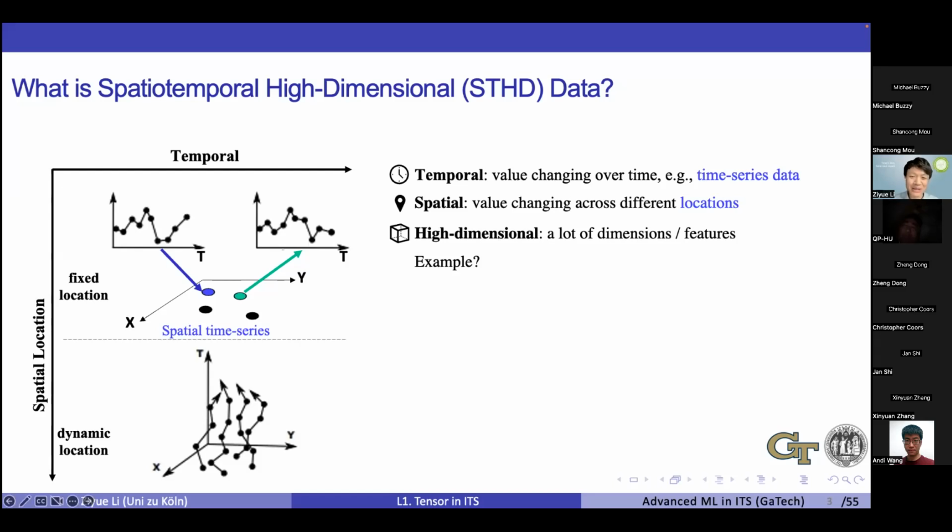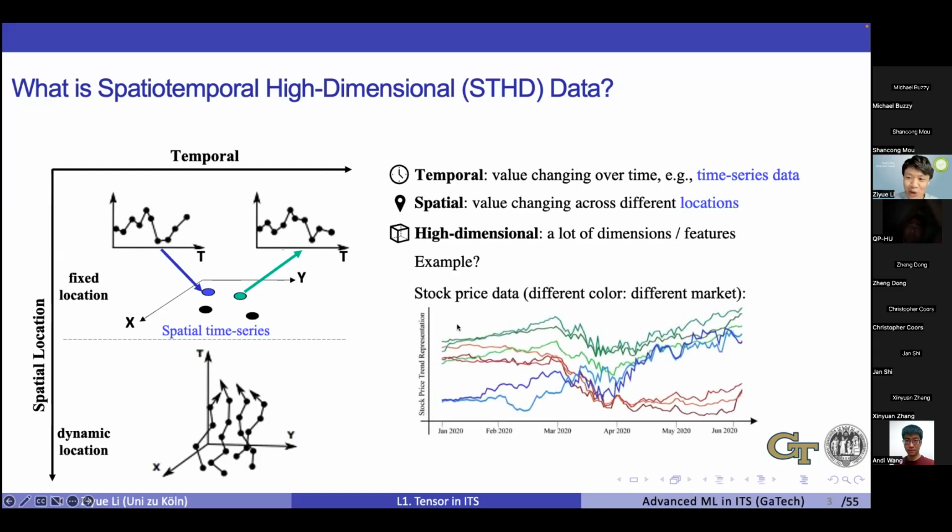Yes, indeed. For example, stock price data is typical spatial temporal high dimensional data. Green may be the European market, red the Asian market, and blue the US market. Different markets, and inside each market, may show some similarity, and over time it's also changing.